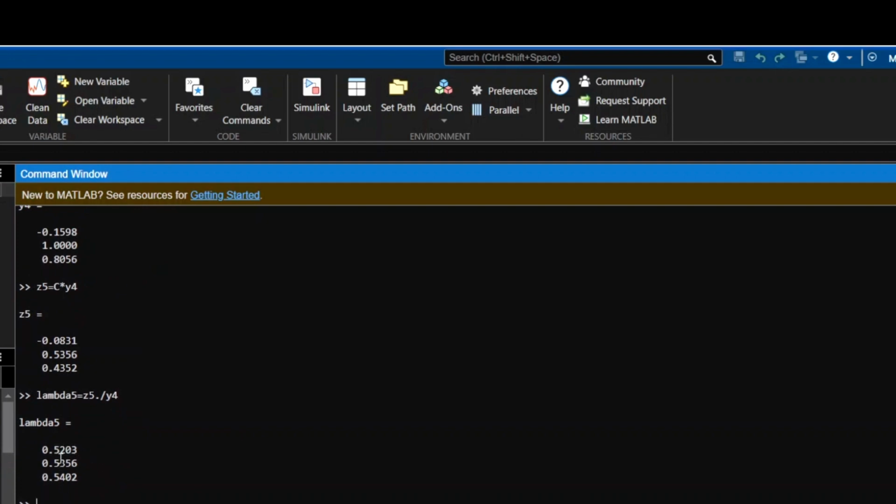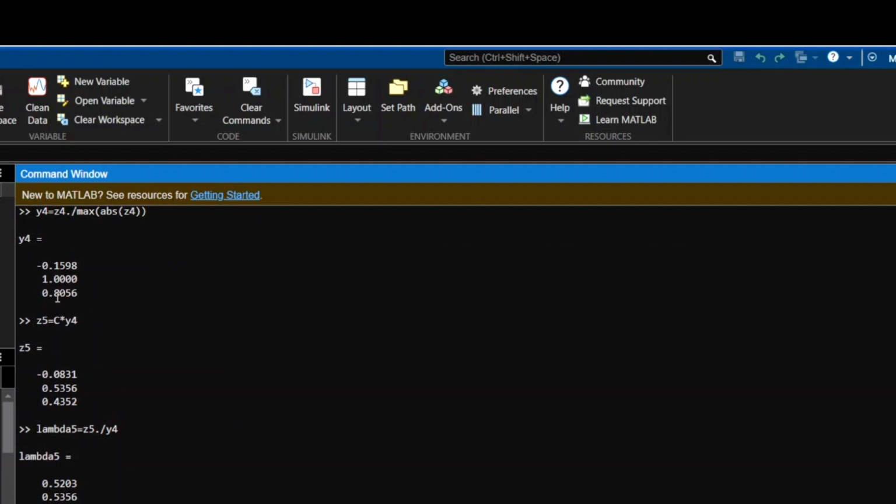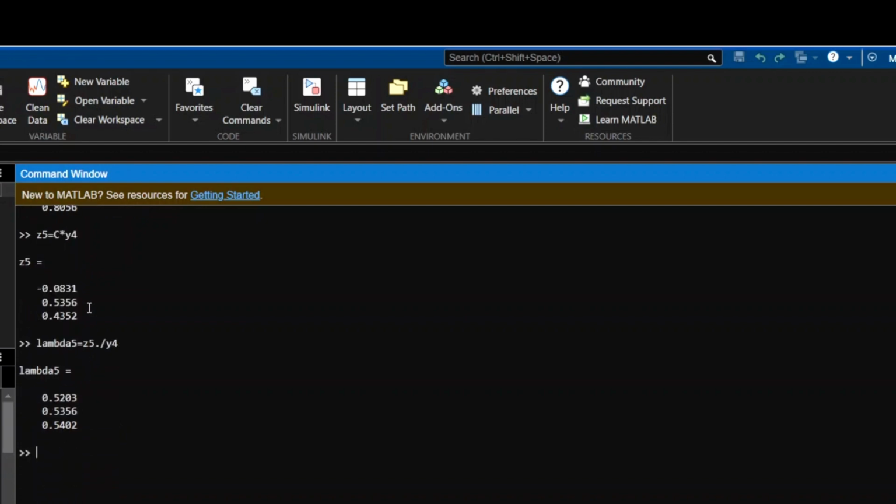Okay, it's not changing. If you want to converge till more, you can go on. If not, then you can stop here and your eigenvector will be this Y4, which is minus 0.1598, then 1, then 0.805, and your lambda is equal to 0.5. Okay. Yes. If you want to stop, we can stop here also.